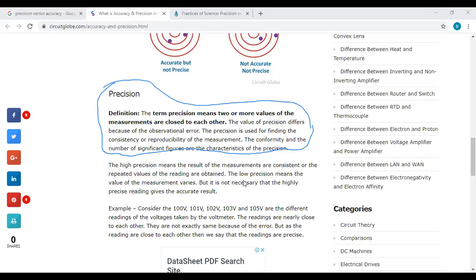Accuracy is the ability of the instrument to measure the accurate value, and precision means that two or more values of the measurements are close to each other.